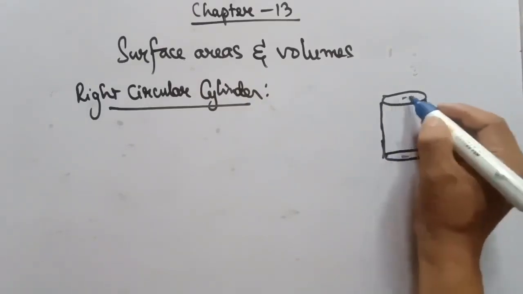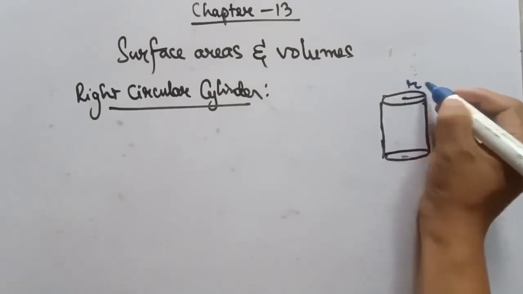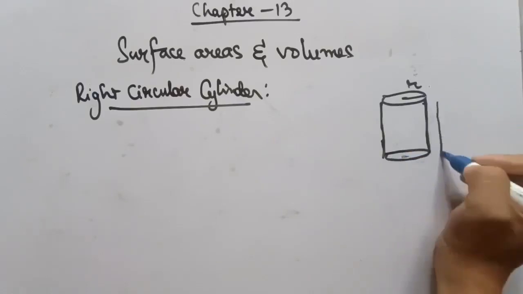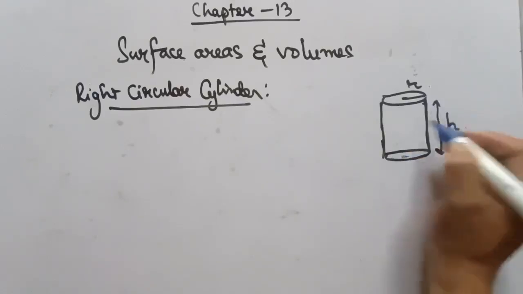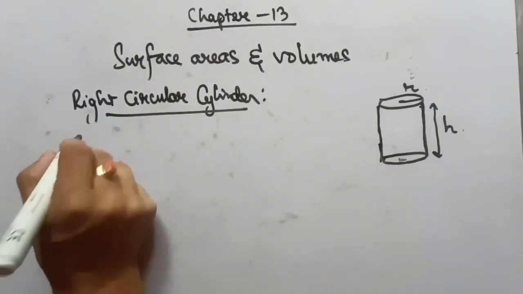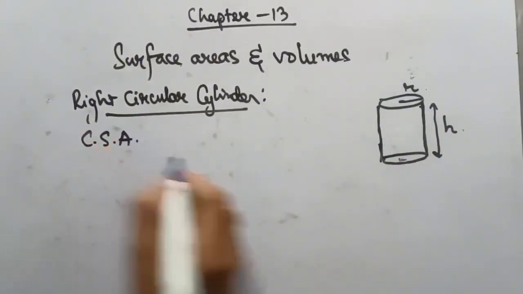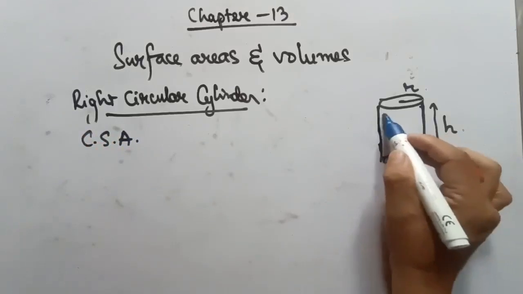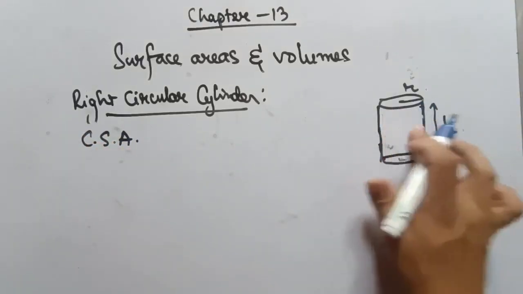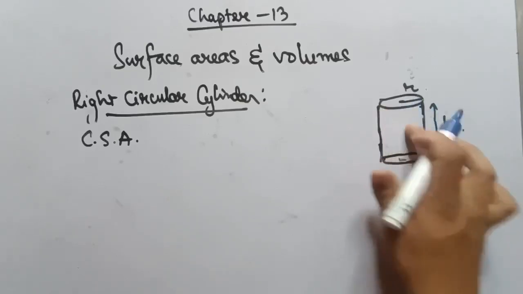So if r is the radius of these two equal circles and h is the height of the right circular cylinder, then let us find the curved surface area, that is the area of this portion of this right circular cylinder.